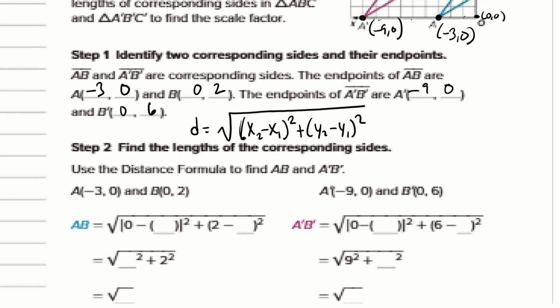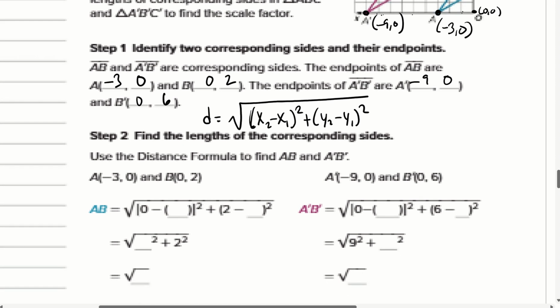All right, so if we want to do it for AB, we're going to subtract the x coordinates for A and B. That's going to be 0 minus -3, and then we subtract the y coordinates, so 2 minus 0. Okay, so that's how we do that.